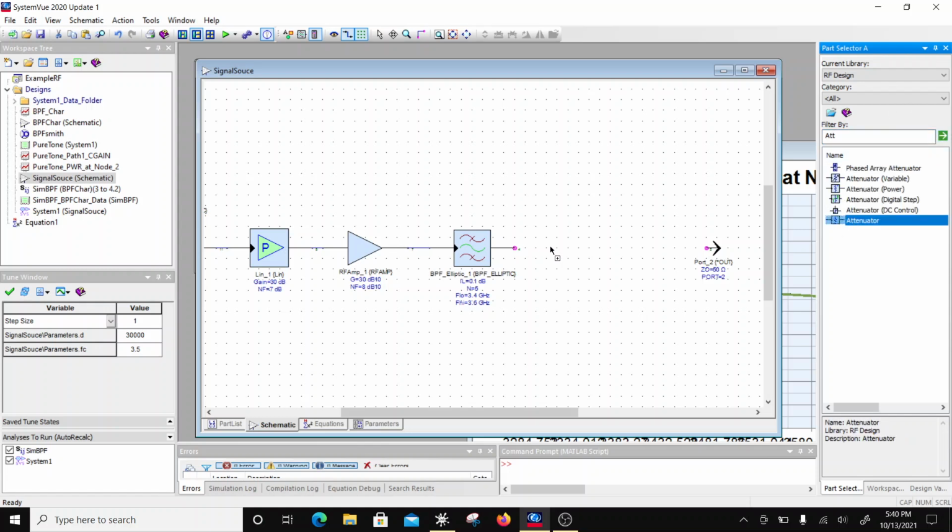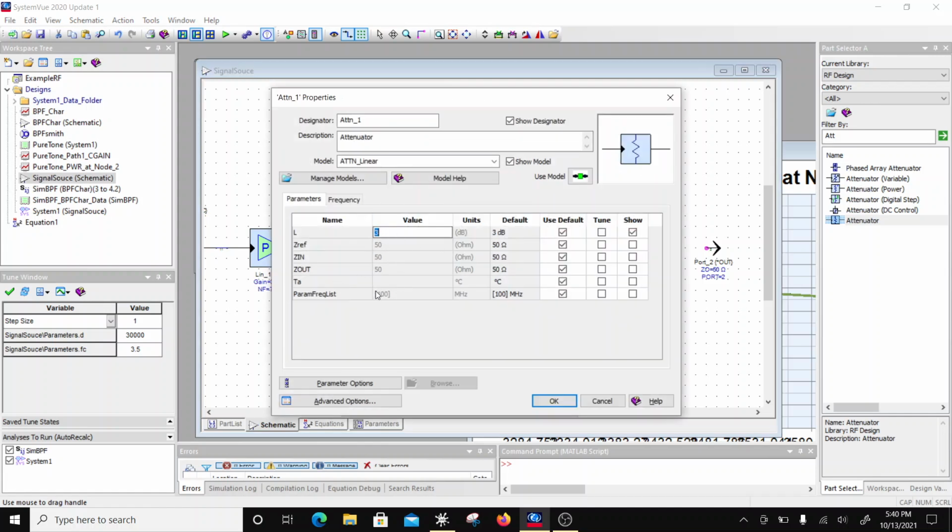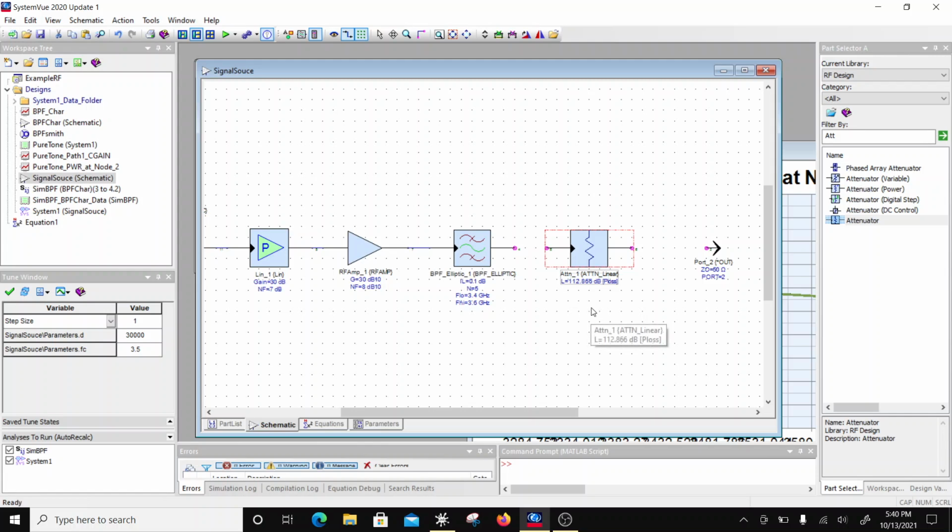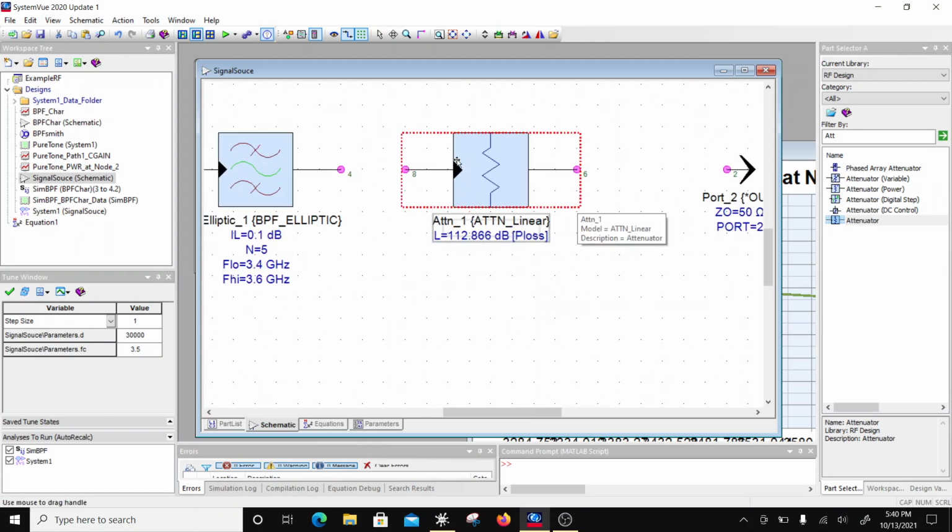So that's the attenuator. And here I'm going to specify the loss as P loss, right? So that shows up at 112.88. And one more thing which I am going to do is I'm going to subtract 3 from it, because I'm going to add something over here.